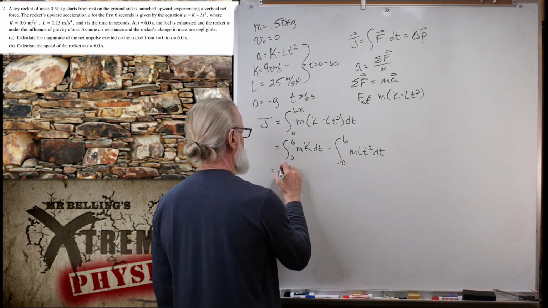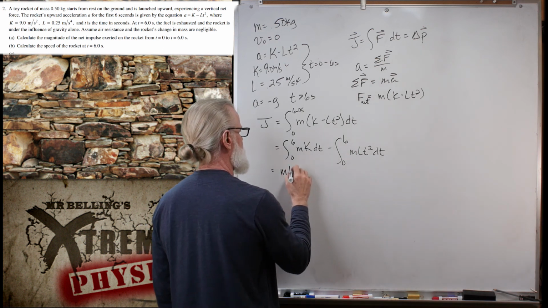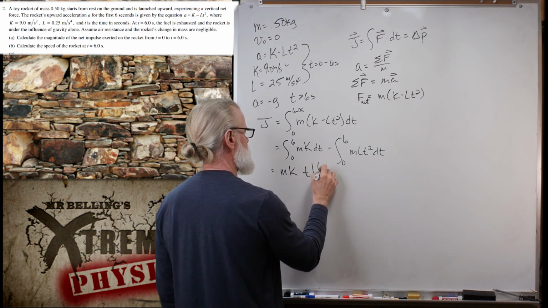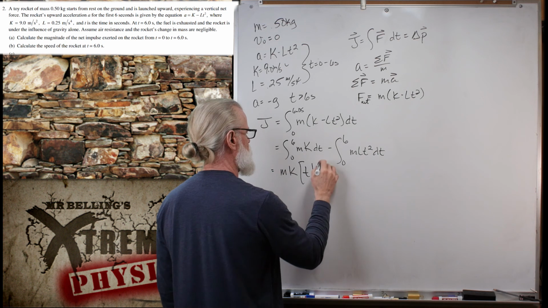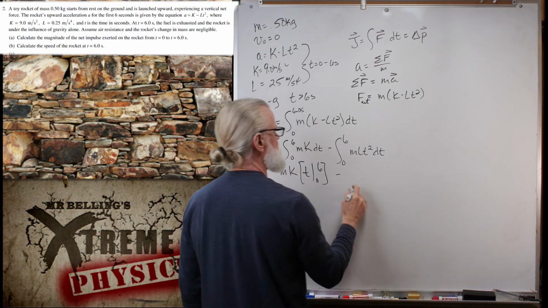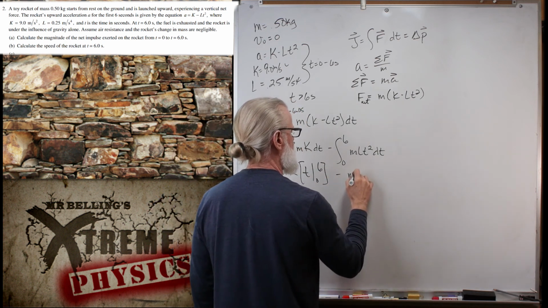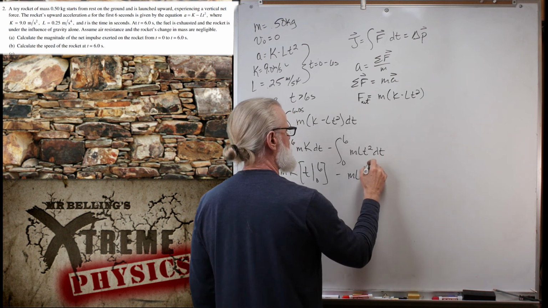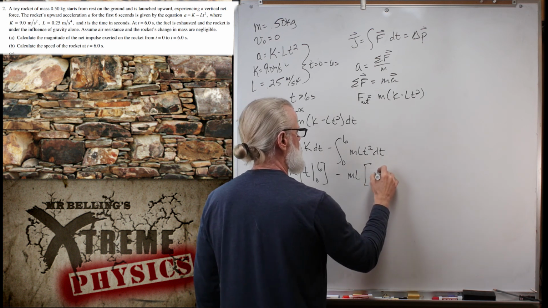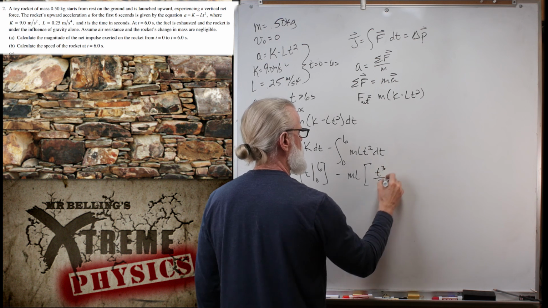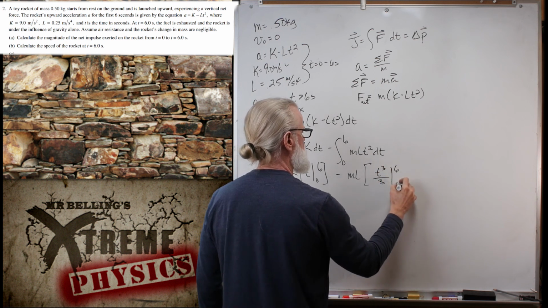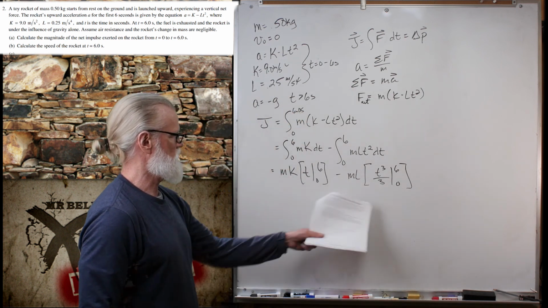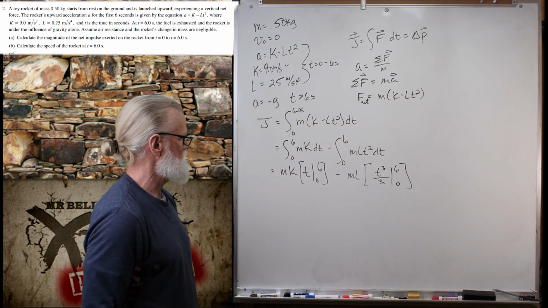So this equals m K times the integral of dt, which is just t, from 0 to 6, minus, bring out the m and the L, and we had t squared dt, which of course is just going to be t cubed over 3, from 0 to 6.